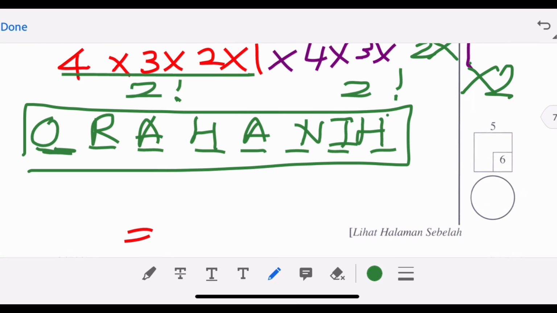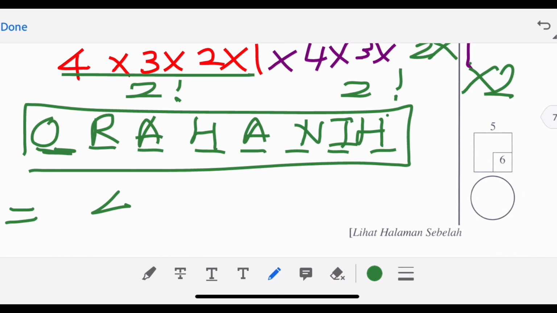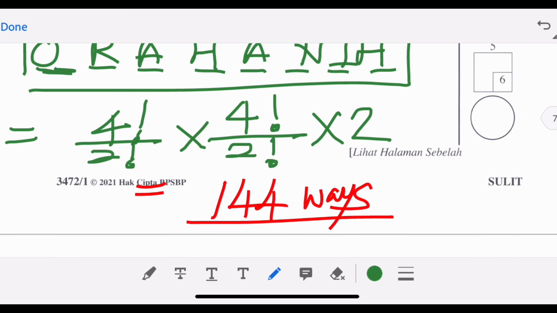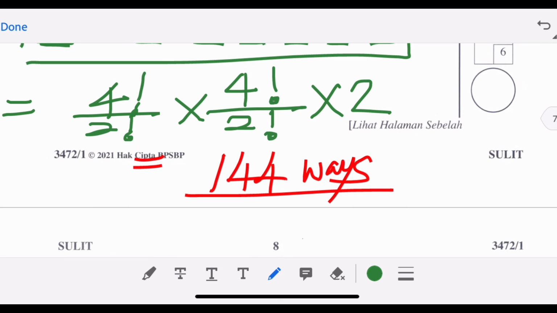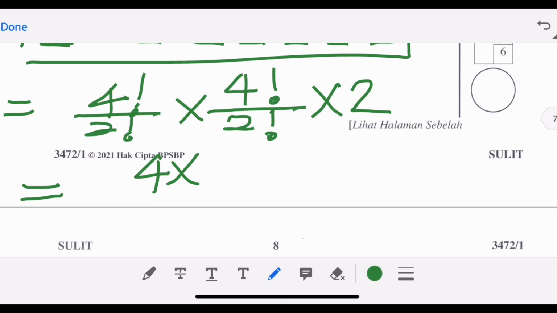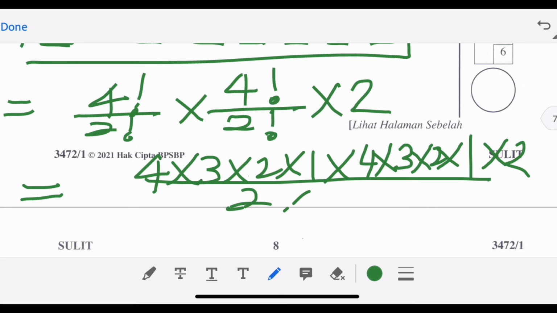So in short, the answer for this question will be 4 factorial over 2 factorial times 4 factorial over 2 factorial times 2. So the answer will be 4 times 3 times 2 times 1 times 4 times 3 times 2 times 1 times 2 over 2 times 2.